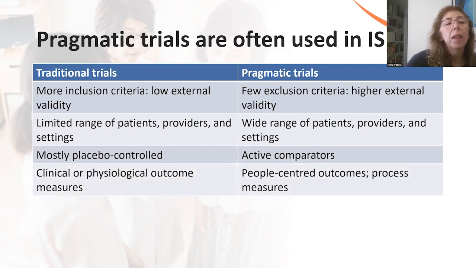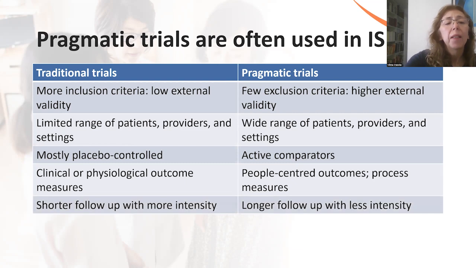In more traditional efficacy trials, we usually measure clinical or even physiological outcomes to measure the efficacy of the intervention, while in pragmatic trials, we also measure clinical outcomes, but these trials are more focused on person-centered outcomes and process measures that help us better understand how different interventions or strategies of implementation work.